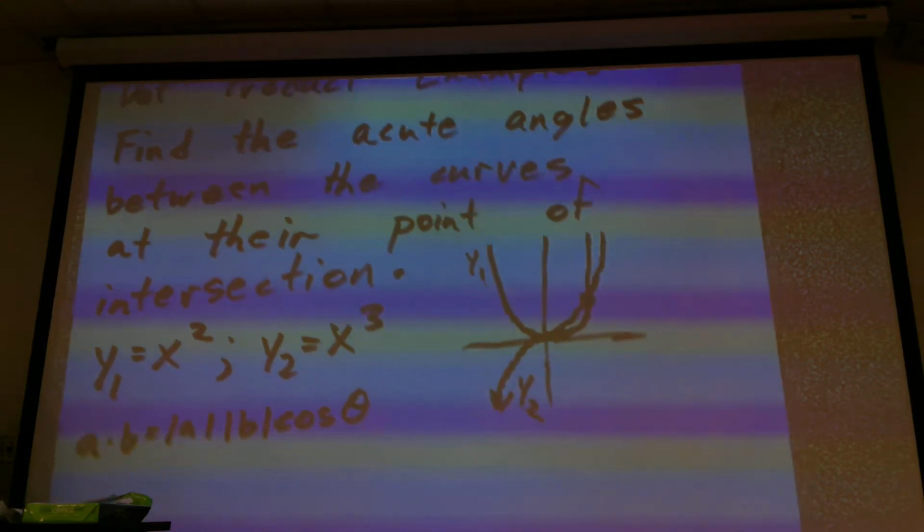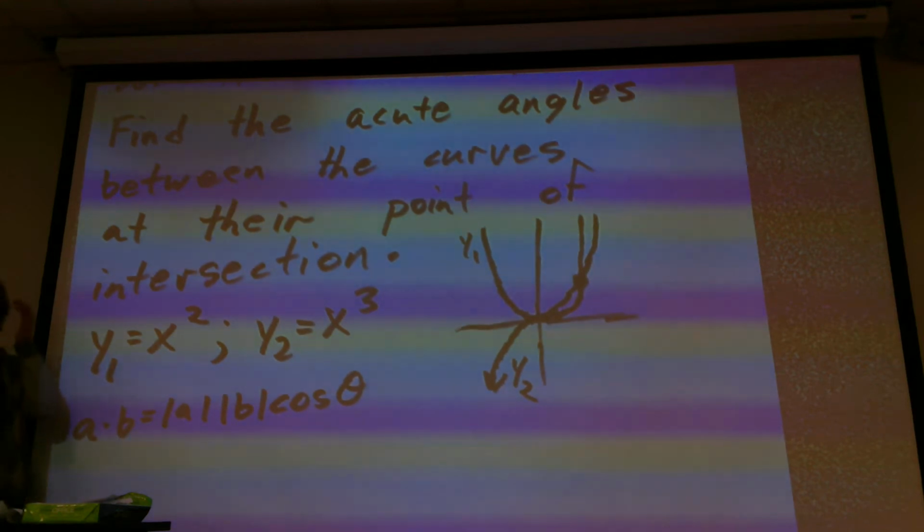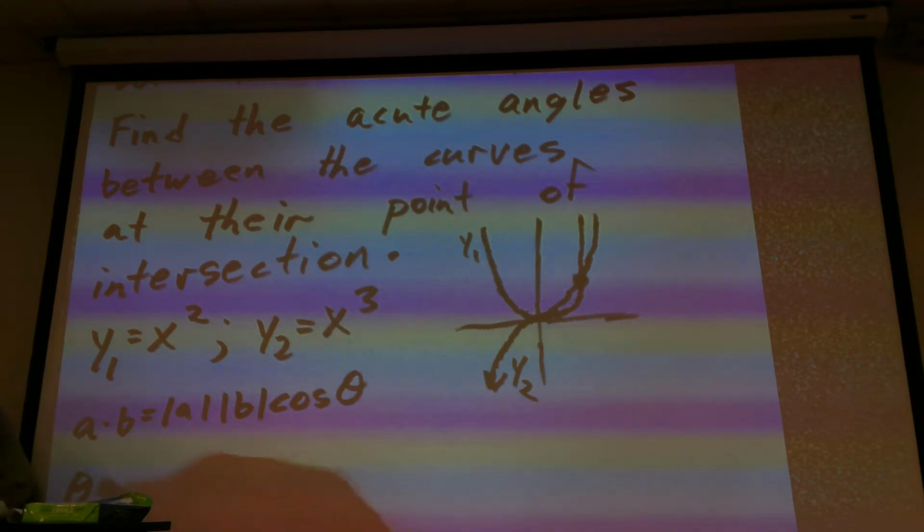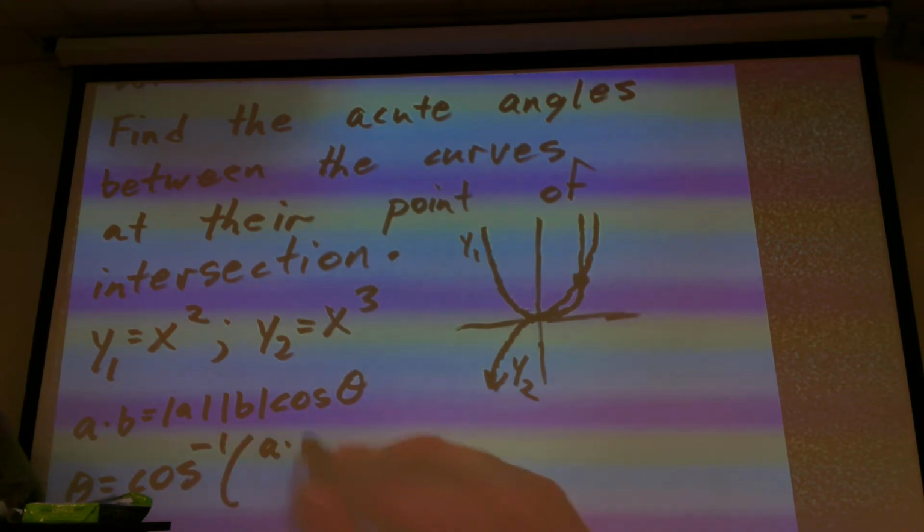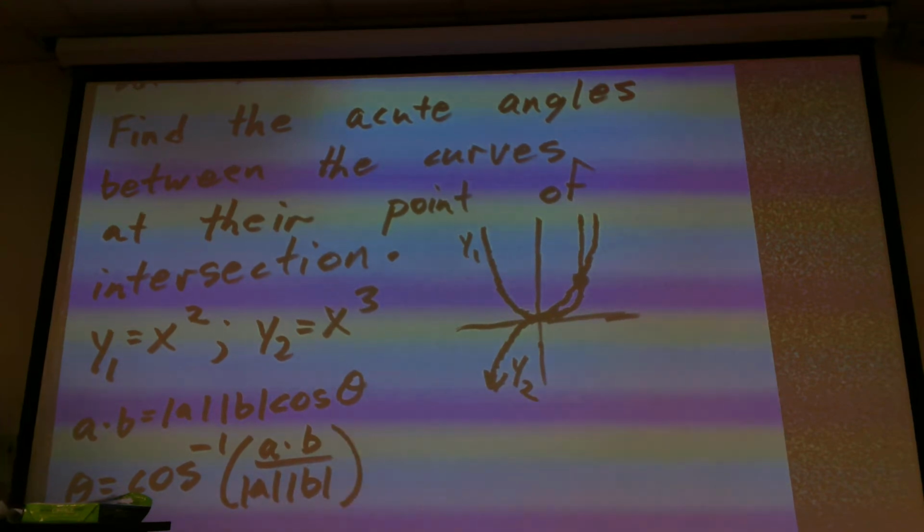We went over this formula in class last time. So if we're trying to figure out the angle between 2 tangential vectors, we can say that angle is going to equal inverse cosine of A dot B divided by the magnitude of A times the magnitude of B.